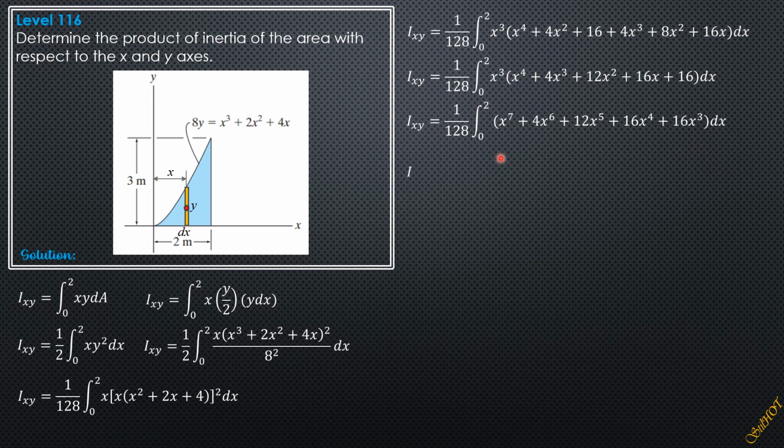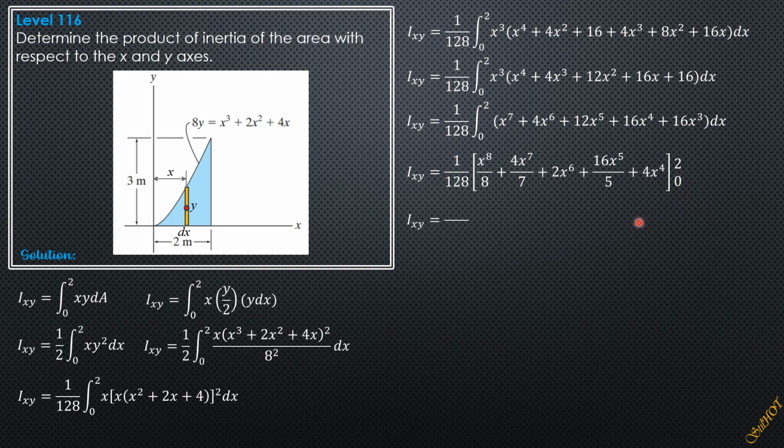Then integrating by the power formula, Ixy equals 1 over 128 quantity x to the 8 over 8 plus 4x to the 7 over 7 plus 2x to the 6 plus 16x to the 5 over 5 plus 4x to the 4th, from 0 to 2.